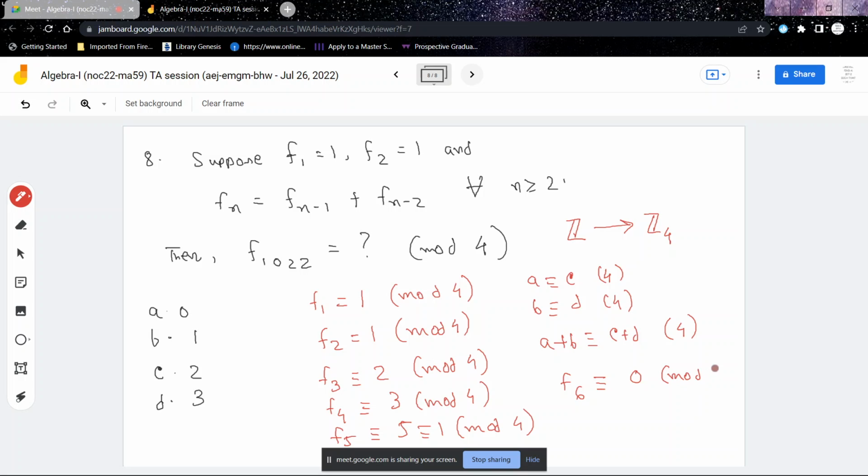And then f7 is 1 mod 4. So you understand that it will start repeating from here. f8 is 1 mod 4, and it will go on repeating, obviously. The point is it starts repeating after f6.